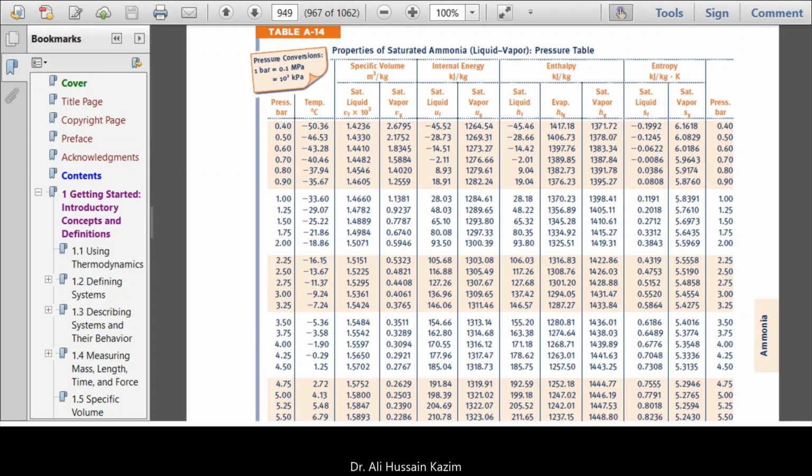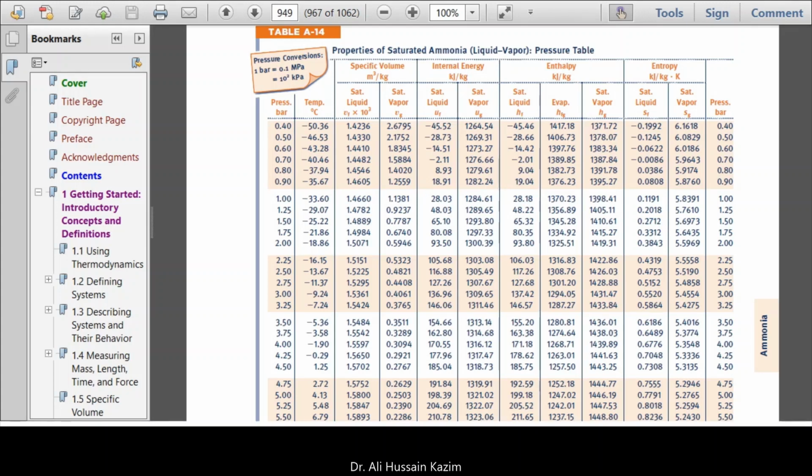So the quality formula for it is V equals VF plus X into VG minus VF.